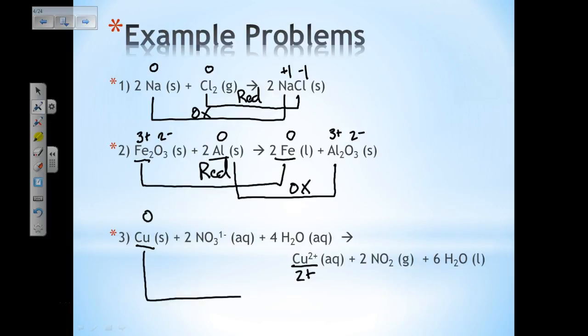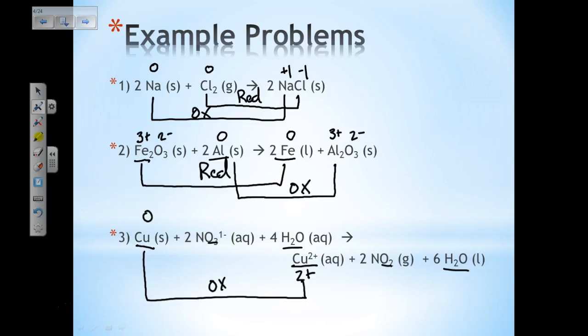Going from copper metal to copper 2+, it's not going down in charge, it's going up, so that's an oxidation. Water is still water here, so hydrogen and oxygen aren't being reduced or oxidized. Oxygen here is a 2-, and oxygen here is still a 2-.